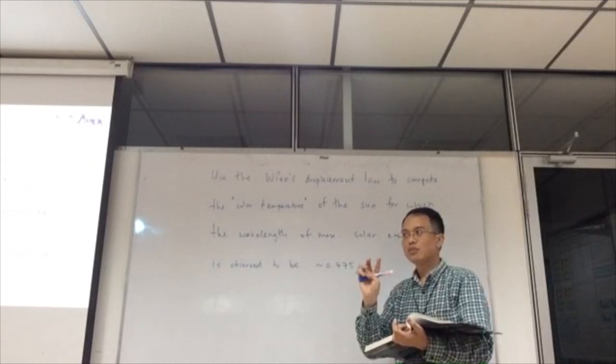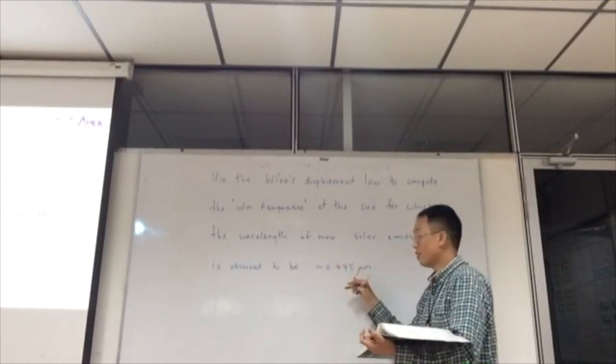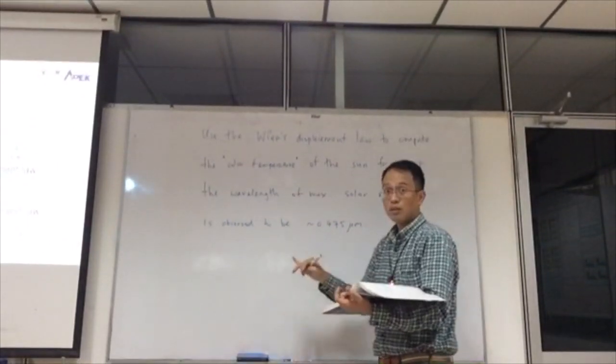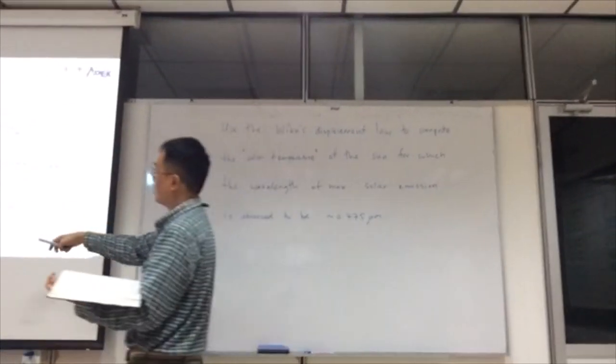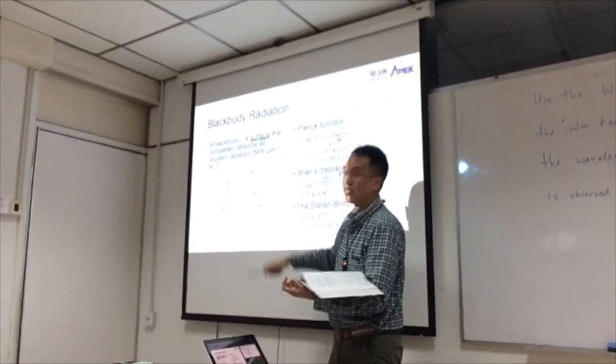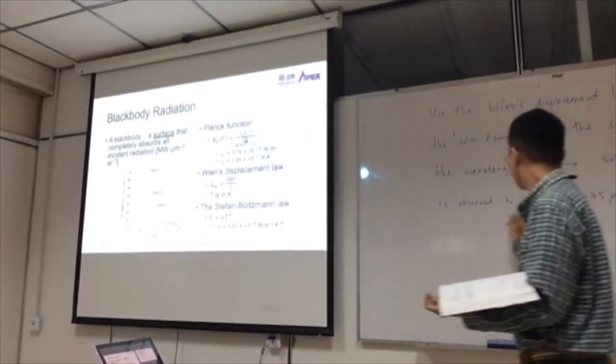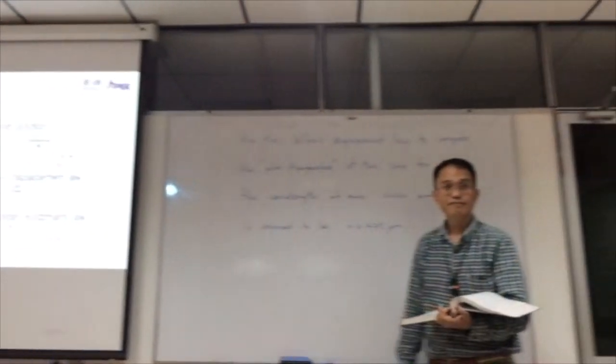The visible light wavelength range is between 0.4 and 0.7, so this is somewhere in between. And when we look at this graph here, we see that this peak is usually somewhere slightly lower than 0.5, which is about this wavelength range, right?